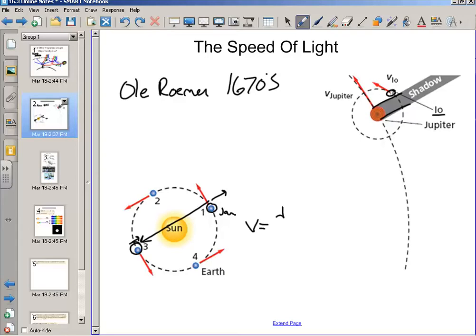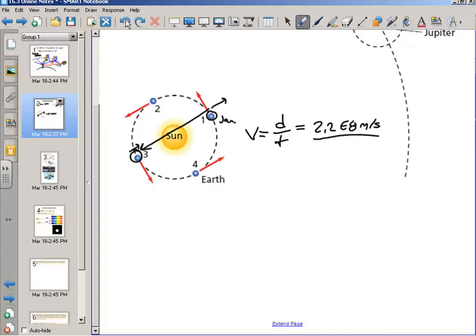He used good old velocity equals distance over time, and he knew the distance, and he knew the time, and he came out with the speed of light to be 2.2 times 10 to the 8th meters per second. Now, that's really close. The accepted value of the speed of light is 3.00 times 10 to the 8th, or if you're really good, the actual value is 299,792,458 meters per second.